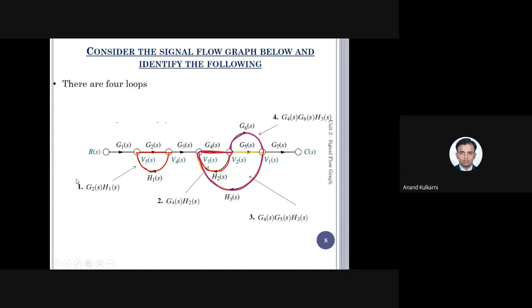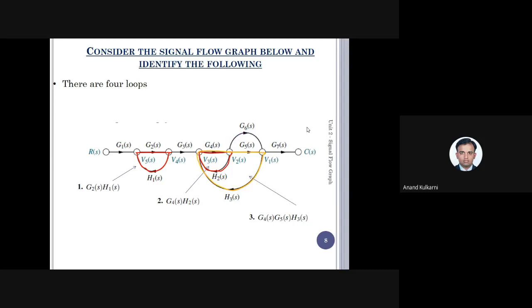So L1 and L2 is the first non-touching loop pair, L1 and L3 is the second, then L1 and L4 is the third. Remember, non-touching loops always come in pairs. Loops are single, forward paths are single, but non-touching loops always come in pairs.